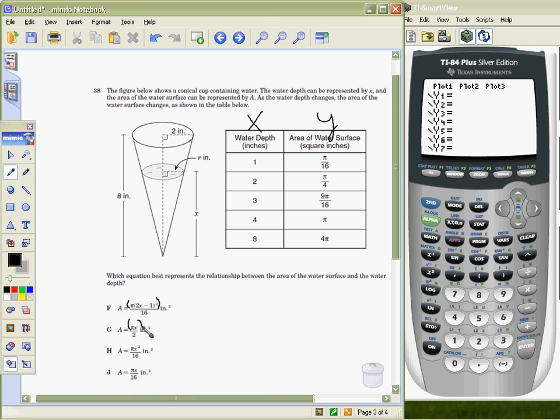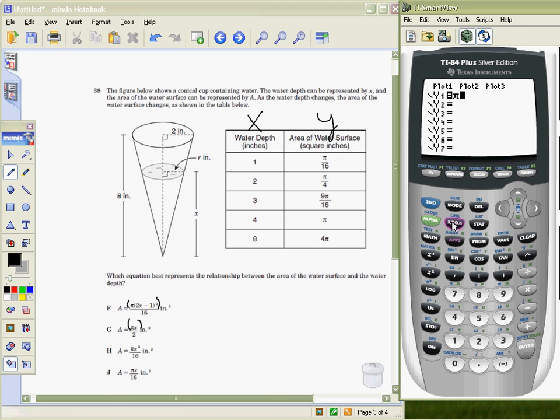Pi times x over 2. Go to my table. And I don't believe that's what we had for 1.5708. Let's just probably make this easier.